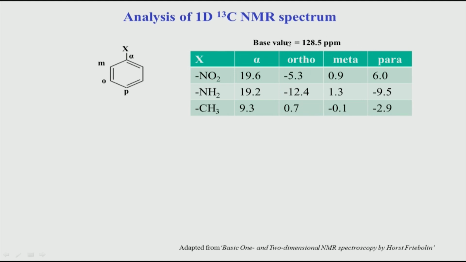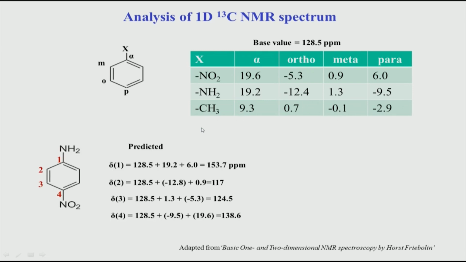Now, based on the substituents at the ortho, meta and para positions, there is a typo here, this is meta and this is ortho. So, this is the ortho position, this is the meta position. You can see that there are different values, and then you can calculate again based on these rules.